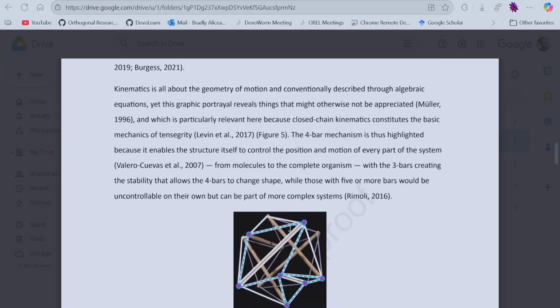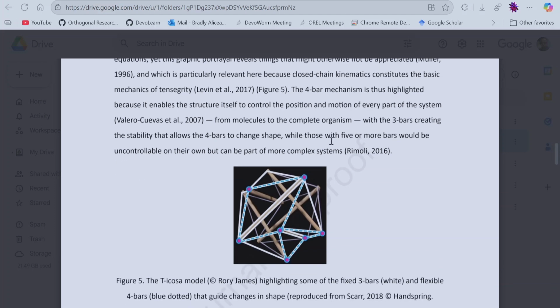In kinematics, we use algebraic equations to describe the geometry of motion. But in tensegrities, we have to think a little differently. We are mimicking the basic mechanics of tensegrity by using these closed chain kinematics, but we need something more than algebraic equations to model this.